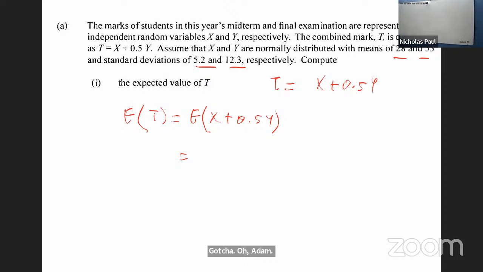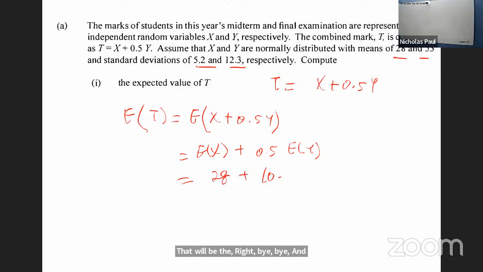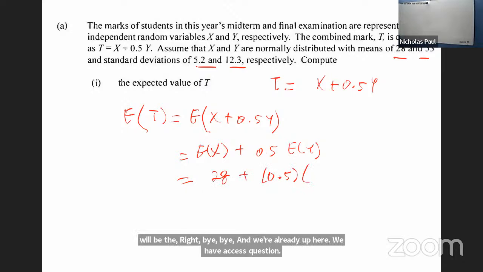That would be the E of x plus 0.5 times E of y. And we already have E of x here. E of x is 28 plus 53.